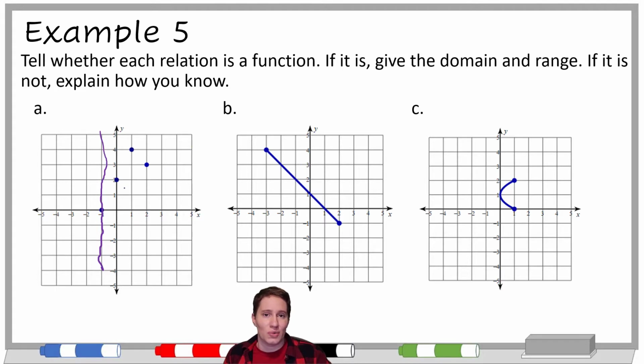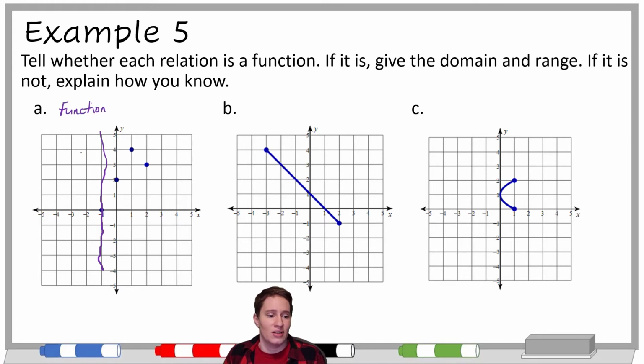So a situation where it wouldn't be a function, if you have points like this, is just having one point above the other. That would fail the vertical line test. Just in case you were having trouble visualizing what failing this would look like. So this is a function.